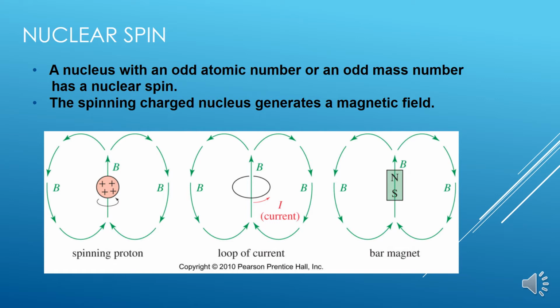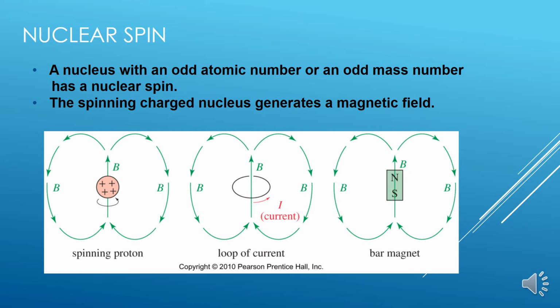Here I compiled three pictures: spinning protons, a loop of current generated by the spinning protons, and a bar magnet. Suppose we place these bar magnets or spinning protons under the influence of an applied field.